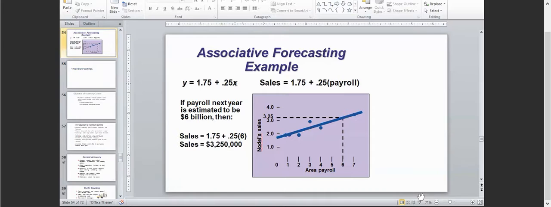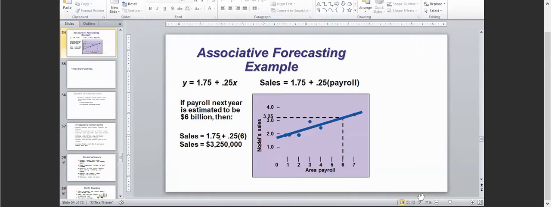X will be any value based on the Pero value. For example here, let's say the next year the value of the Pero will be 6 billion.